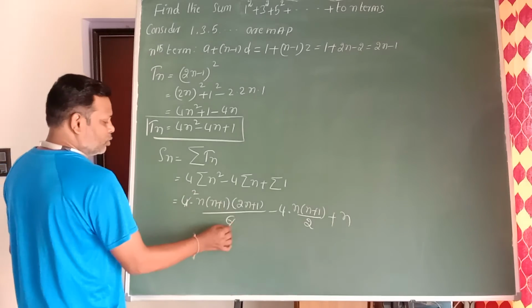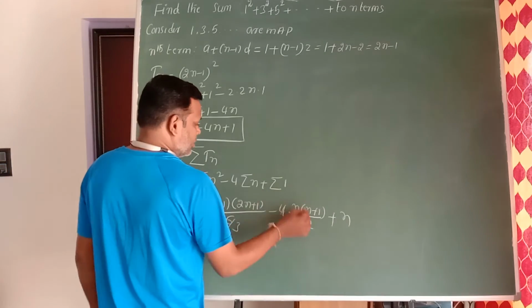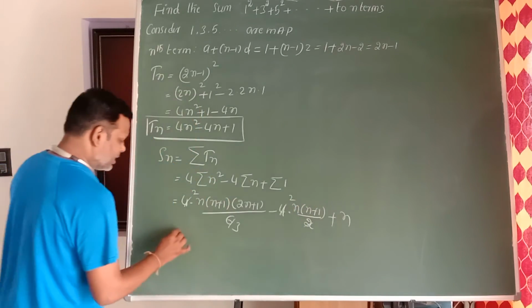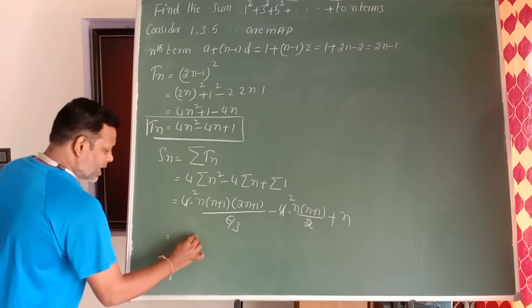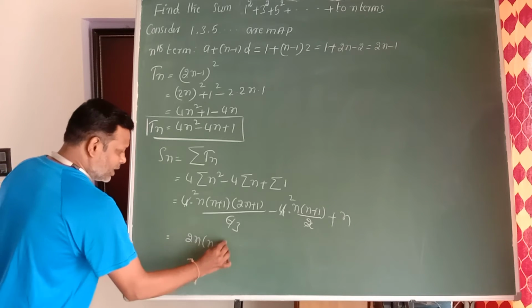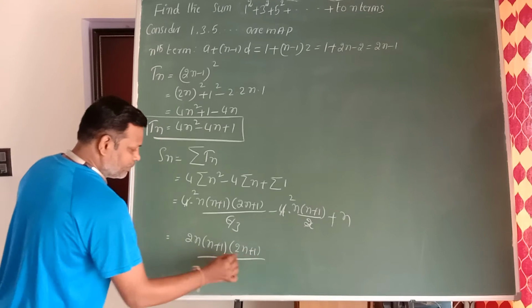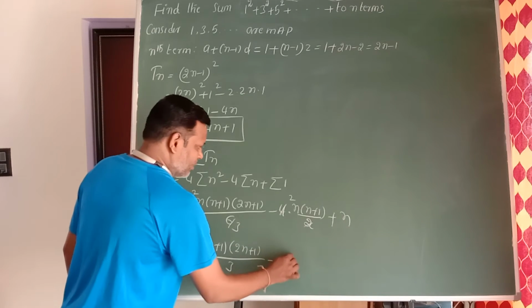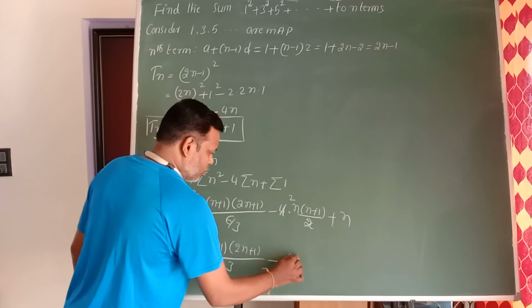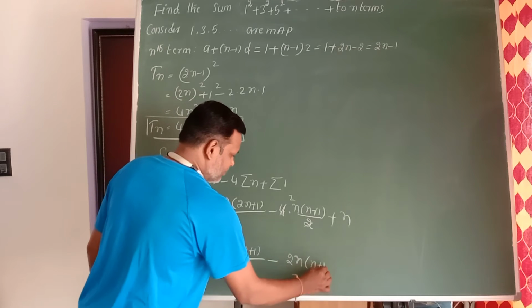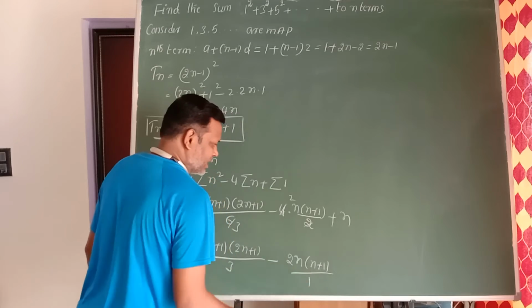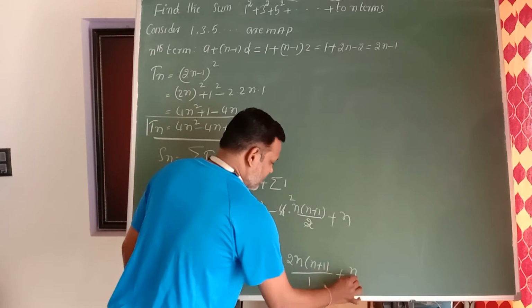Here 2 2s are 4, 2 3s are 6. The remaining thing I am going to write: 2n into n plus 1 into 2n plus 1 divided by 3, minus 2n into n plus 1 whole divided by 1, plus n divided by 1.